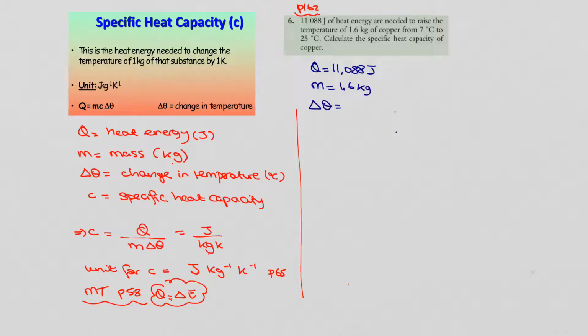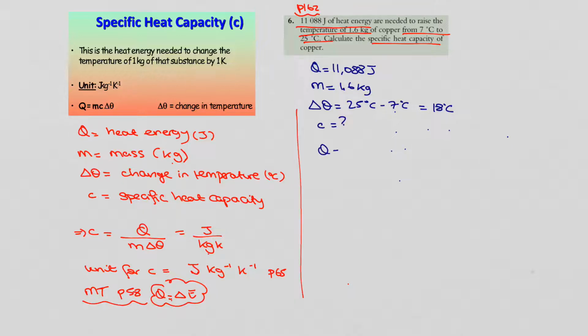So our change in temperature is going to be the difference between 25 degrees Celsius and 7 degrees Celsius, which is equal to 18. And it says that we want to find our specific heat capacity, so we're looking for c.